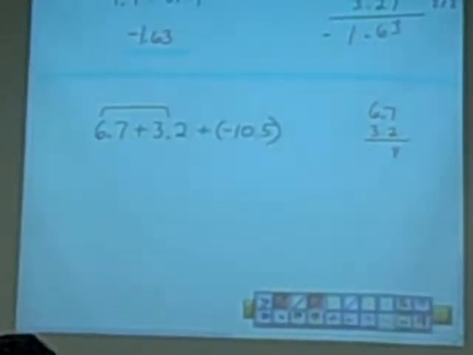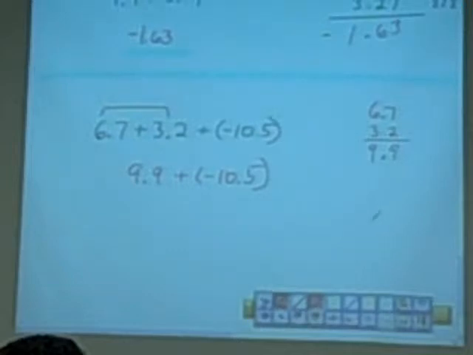7 plus 2, that's 9. Decimal point. 6 plus 3 is also 9, so that's 9.9. Excuse me, I was trying to go too fast there. So we have 9.9 plus a negative 10.5.